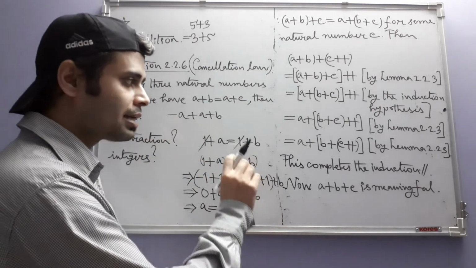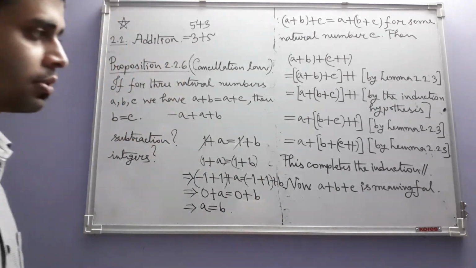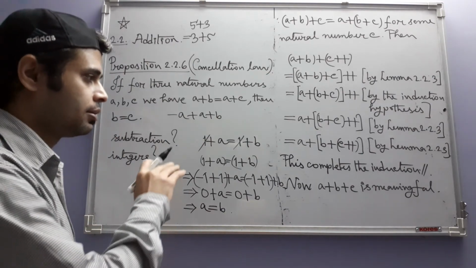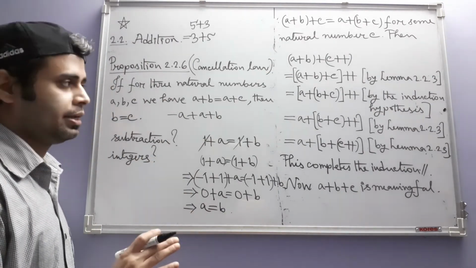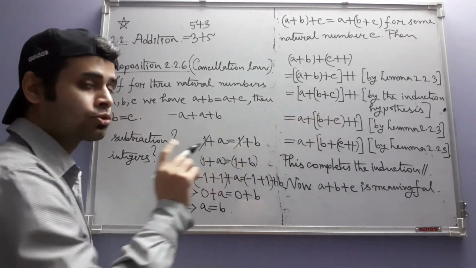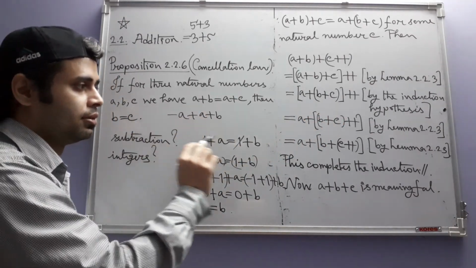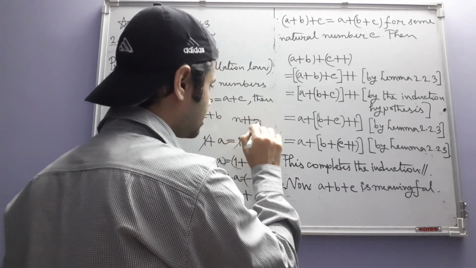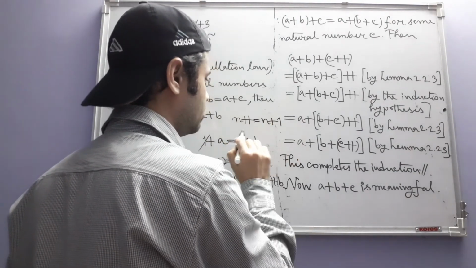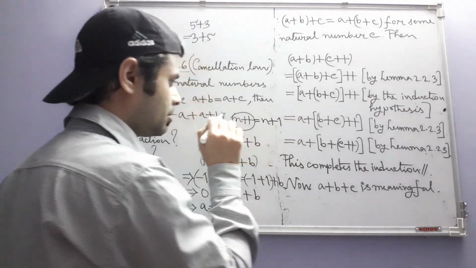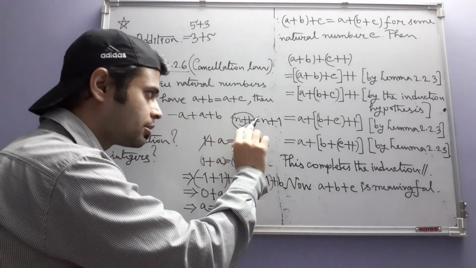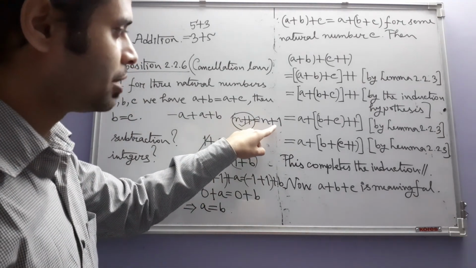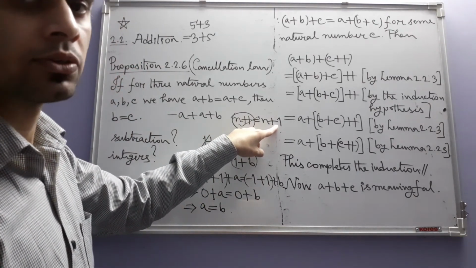I should not say it has lost its value, but it has been superseded by addition. That's because in place of n plus plus, now I can write n plus 1. So the use of this notation now falls by the wayside, and it's taken over by this more familiar notation, addition.